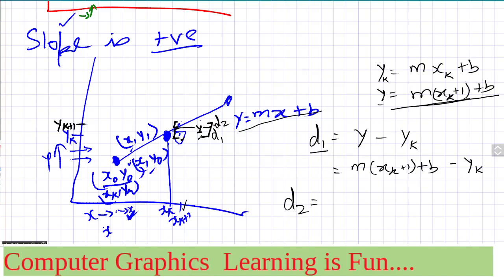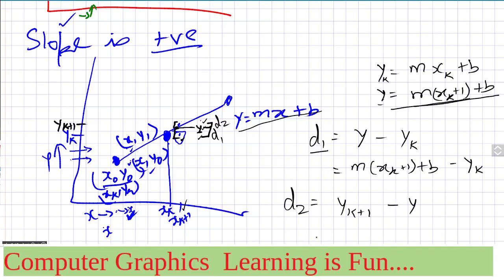d2 is... we know that d2 is above y, so for taking it positive, we will differentiate from yk plus 1. From yk plus 1 we will subtract y, yk plus 1 minus y.